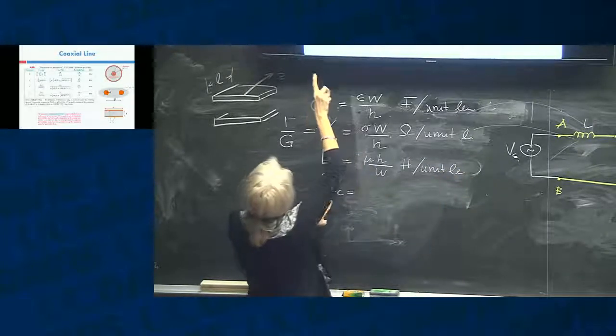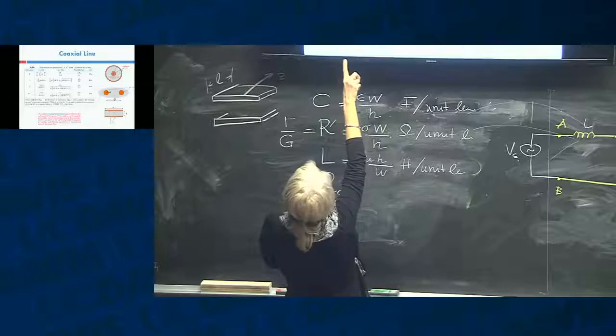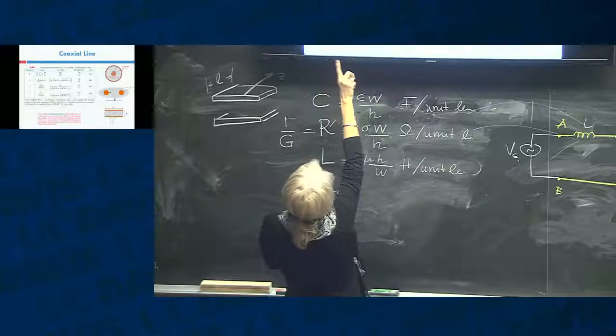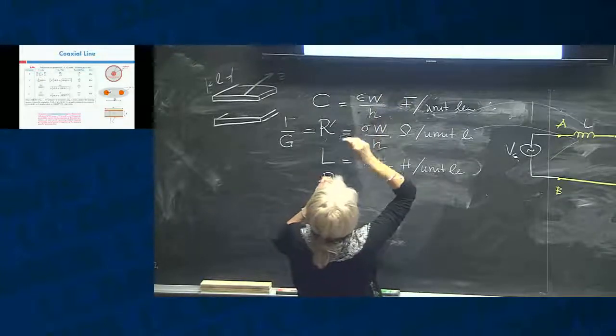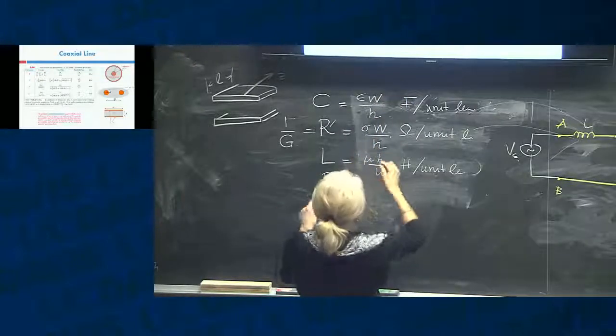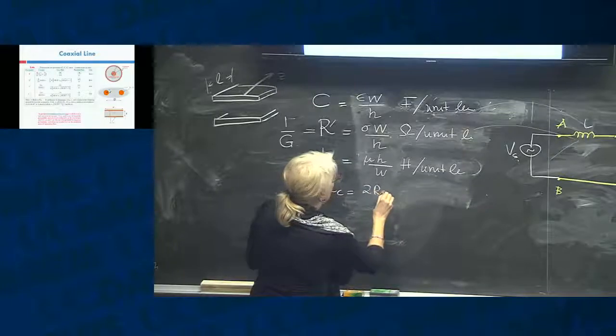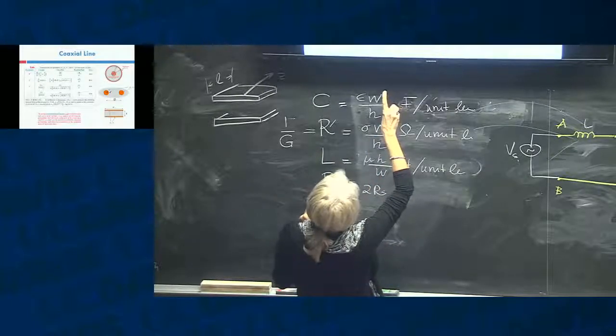And R, which now is that R prime that you see in there, it's 2, what did it say? 2 R sub S, which we have not calculated ourselves, over W.